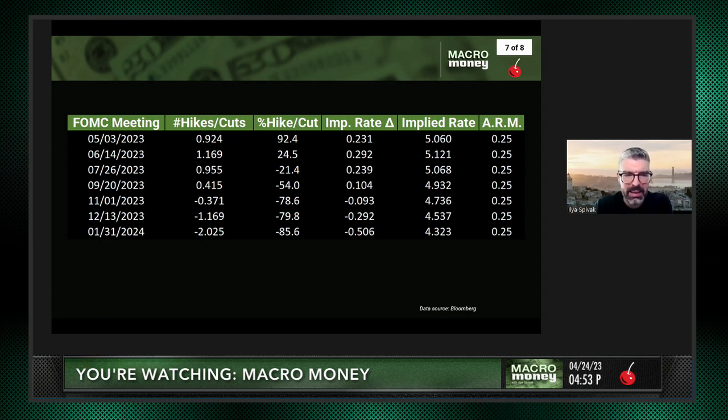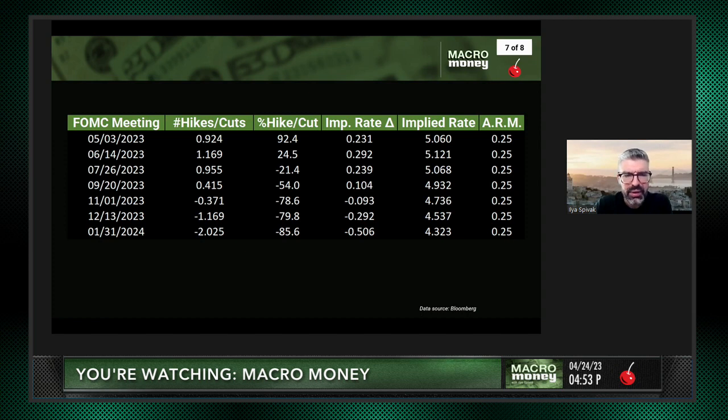By December, that cut is all the way baked in, the rate at 4.54. By January, it looks like we've cut a full 50 basis points relative to now, and the rate is already at 4.3.